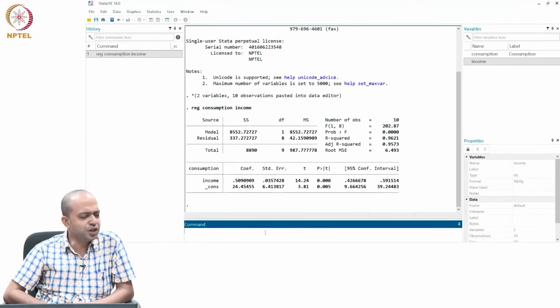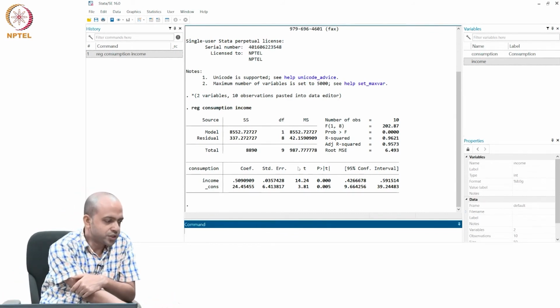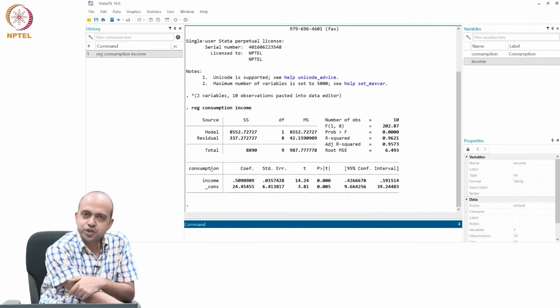Now, I have got so much result, but I do not know how to interpret it, right. Now, look step by step. Come to this table. See, here they have mentioned consumption, which is basically your dependent variable, then they have mentioned coefficient. I am not going into the standard error and other things for the time being, because I have not discussed those and you will not be able to understand them yet.